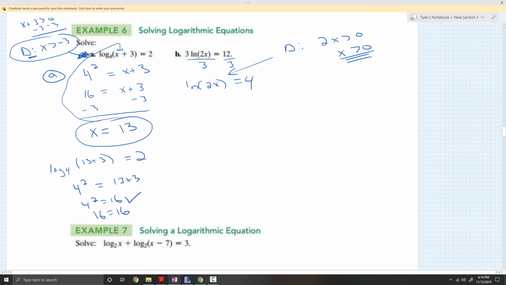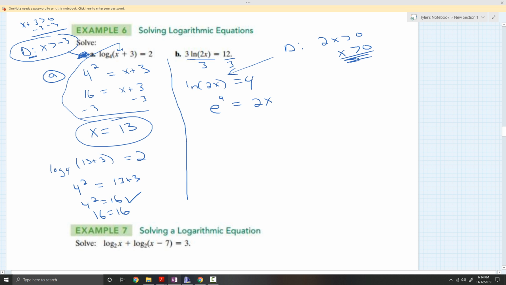So again, if I get an x value that's equal to 0 or less than 0, in other words not greater than 0, that's not going to be a solution. So then I can rewrite this in exponential form. This would be e to the 4th power equals 2x.